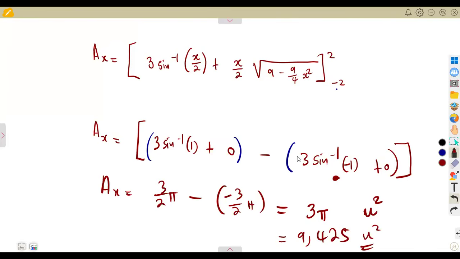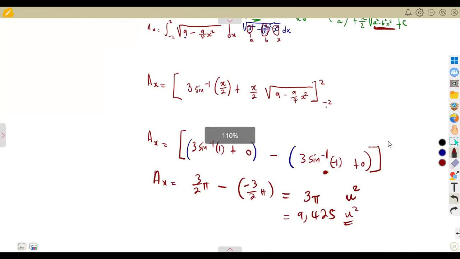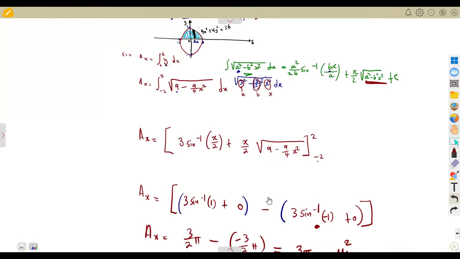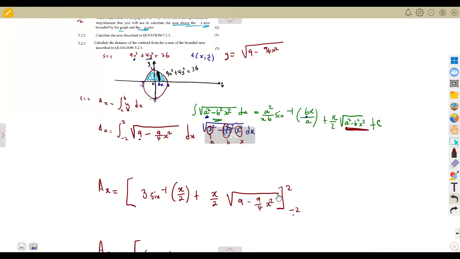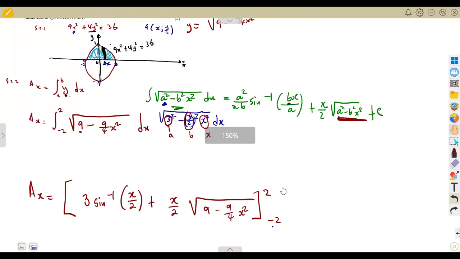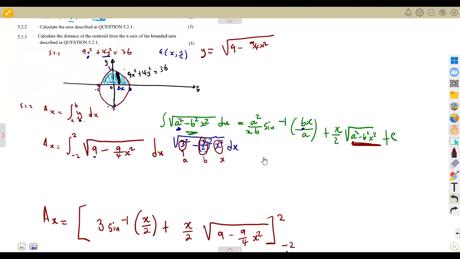So the area part, I'm not worried about this because this is our N5. The only part now for area is the formulas you see, because now we have to use these formulas in calculus. But even in N5, we used this formula. We used it, so there's nothing to worry about. It's a continuation.